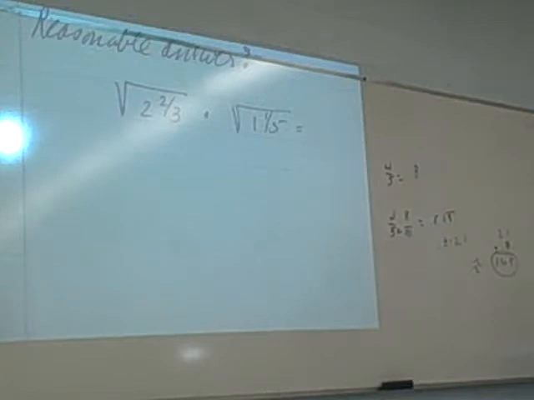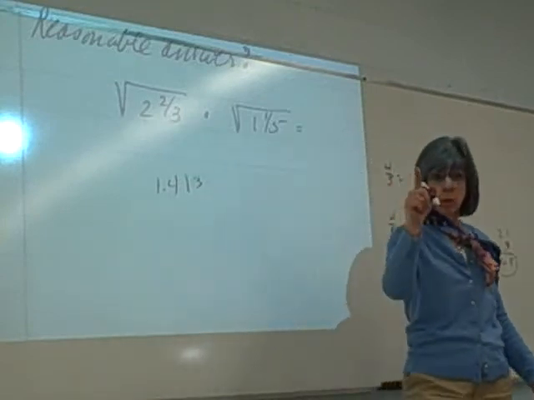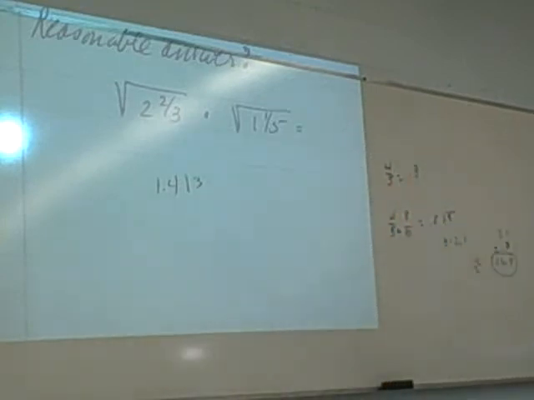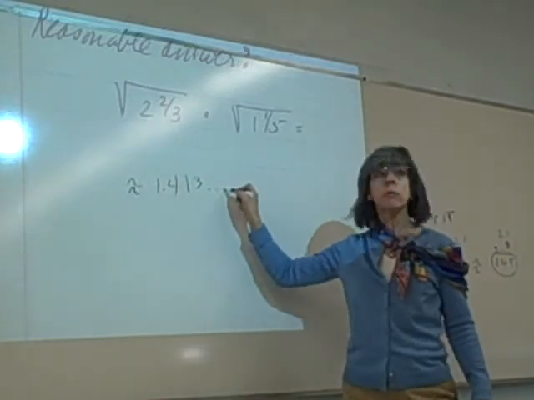Okay, well, I have 2.2. Okay, I'm going to estimate, I'm going to forget the 2/3 for the time being, and I'm going to say that I have 2. What is the square root of 2? 1 point something. You should know more than that for the square root of 2. 1.413. All right, and I didn't even ask you to go out to the hundredths place, but you should know the square root of 2 is 1.413, and that's an estimate because it's an irrational number.